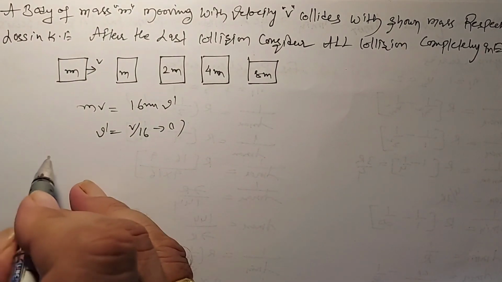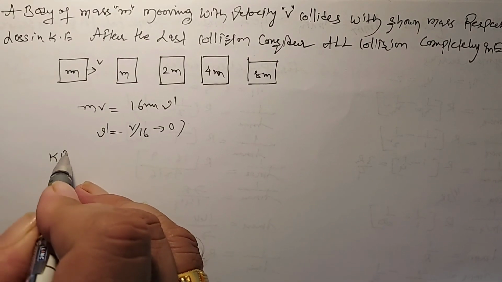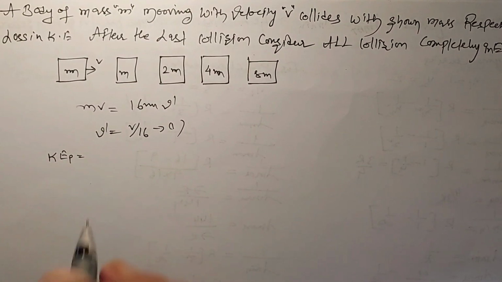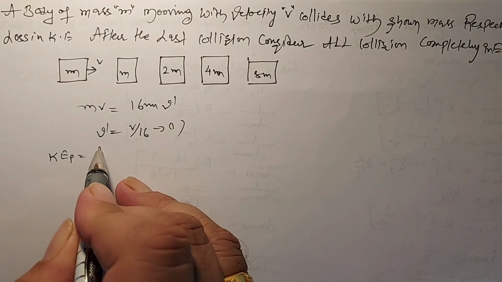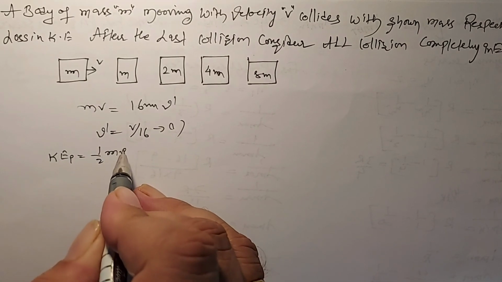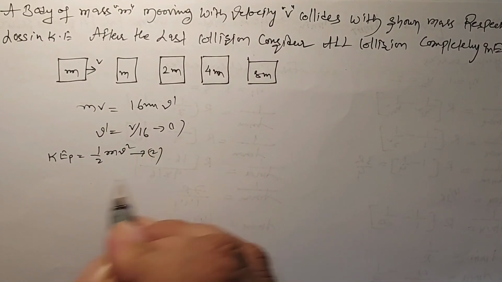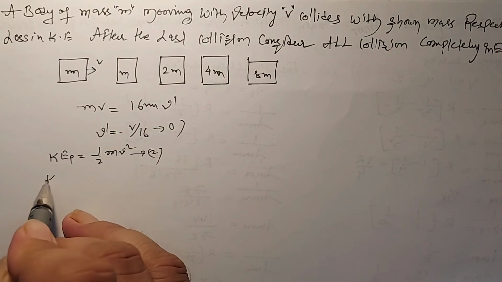What is the initial kinetic energy of the body? KE initial is equal to half m v square. Equation 2. What is the final kinetic energy?